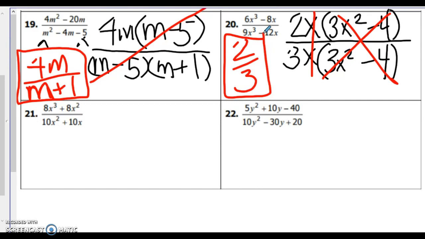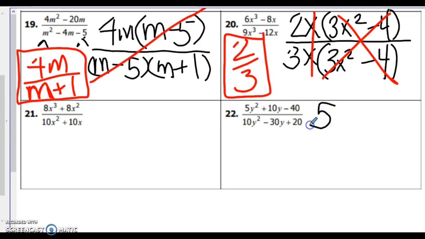Let's look at 22. That one looks... Yikes. I've got a 5y squared plus 10y minus 40. But you know what? Could I pull 5 out of everything? I could. So let's do that because that will make life easier.